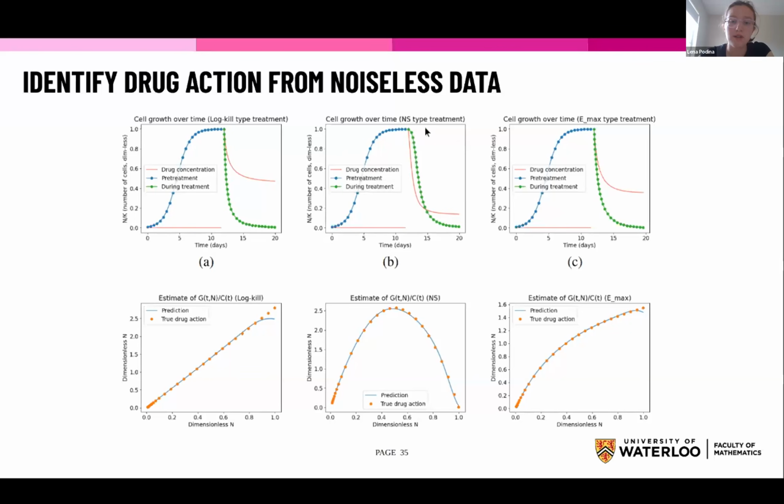This particular method of acquiring data basically resulted in a better fit because there was more information for the neural network to figure out what was going on when there were high numbers of cells. So perhaps it's not a realistic way of gathering data, but it gives the neural network some more information over here.